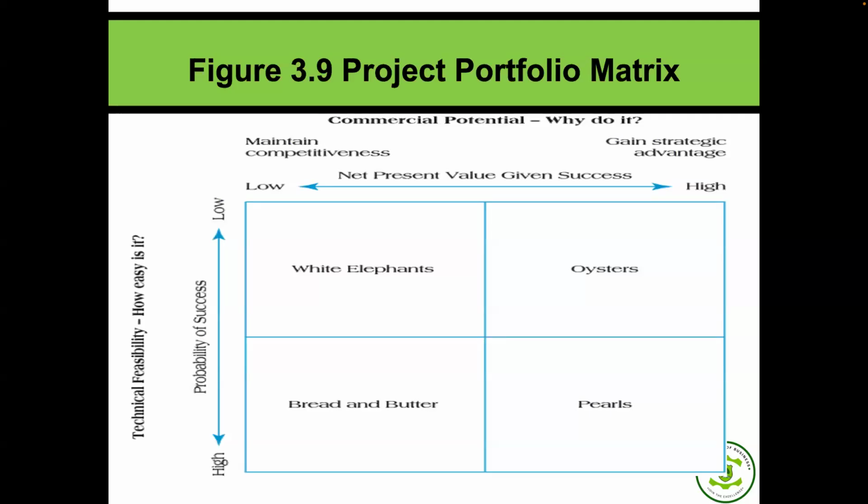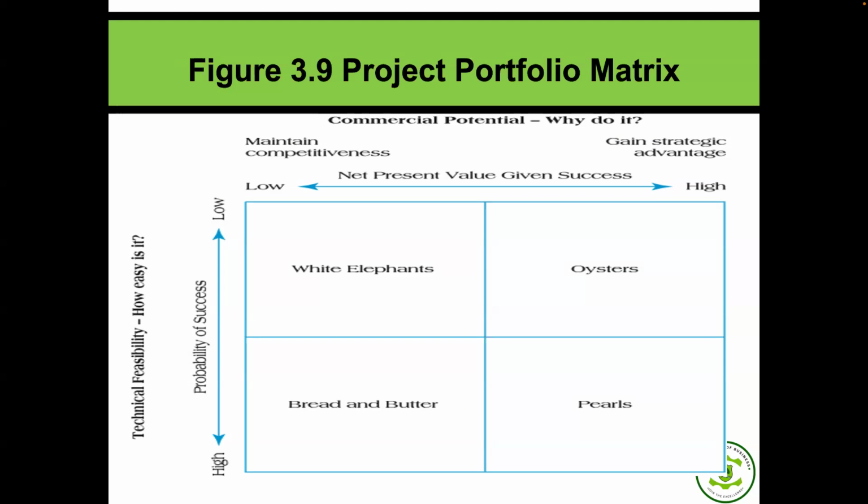Now, this part of the table basically tells us the probability of the project succeeding, whilst this part tells us the net present value, value terms against success. And this arrow comes from this side. When we are moving from here to that side, we are going higher, and then this side is going lower. So we look at each of them.